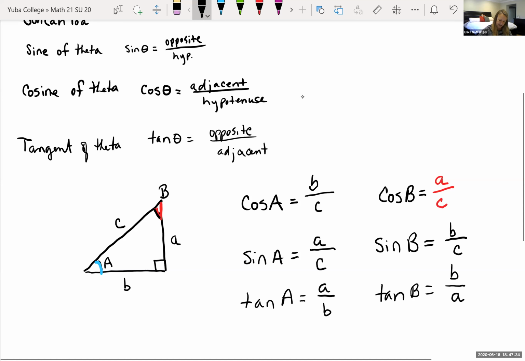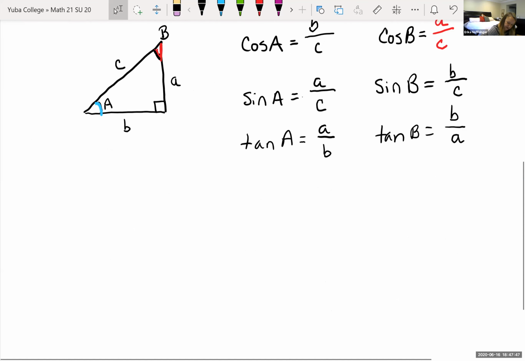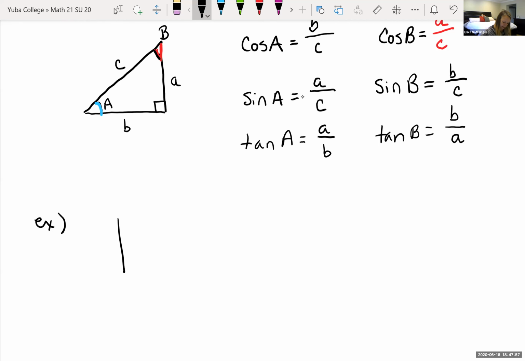Okay, so let's look at an example where we're evaluating a couple of the trig functions using a triangle. So for example, let's say that we have a triangle that looks like this, where this is length 3 for one leg, and this is length 3 for another leg.